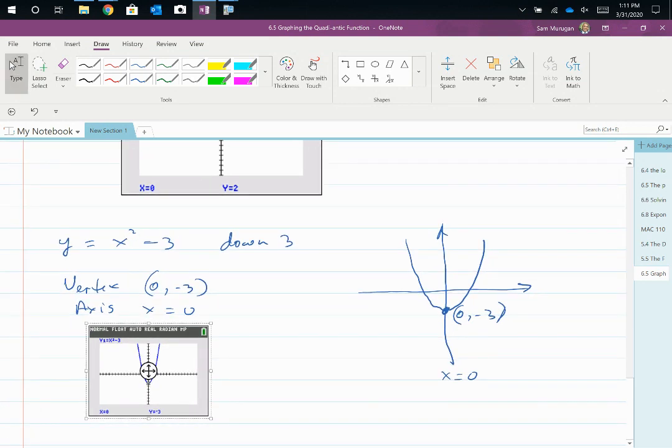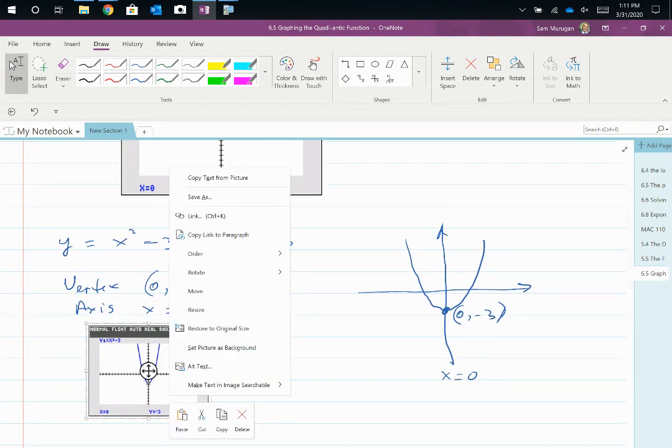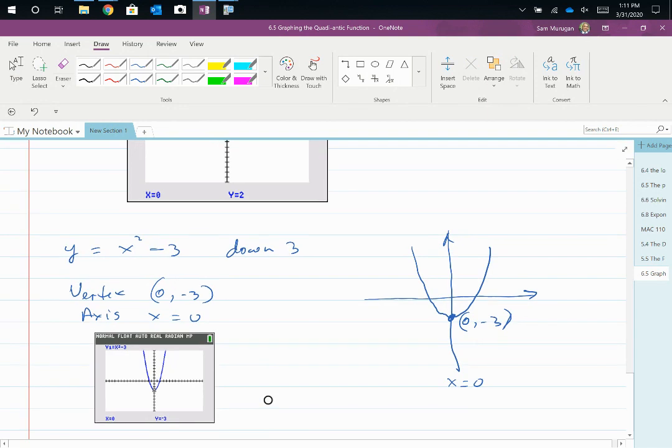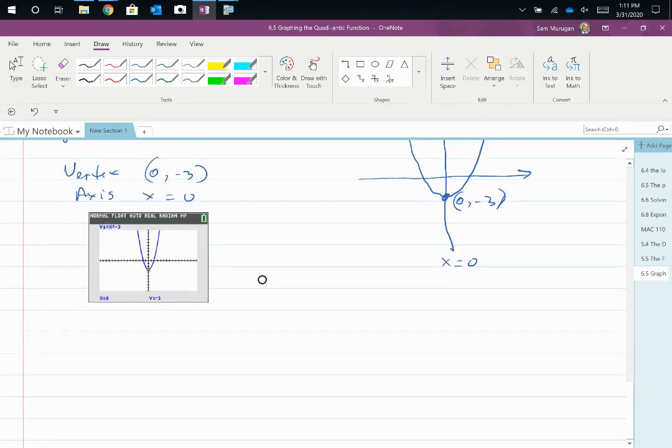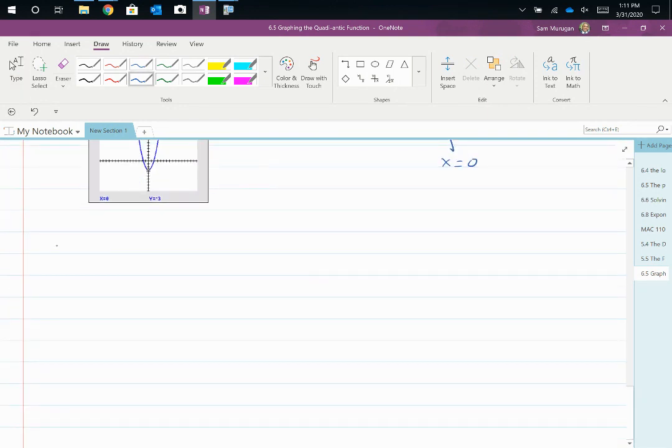Now, if we wanted to move this graph left or right, the rule is that this is a left or right shift.